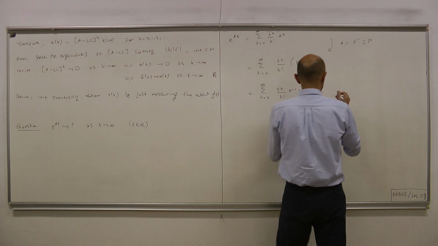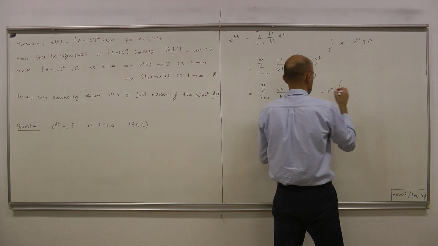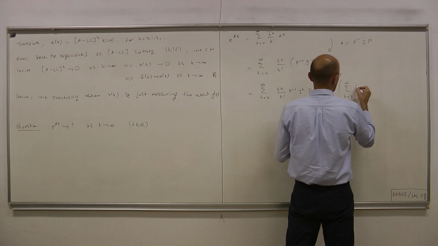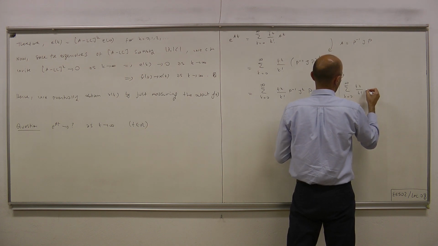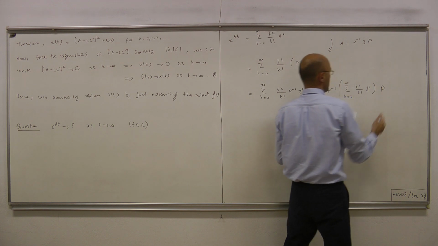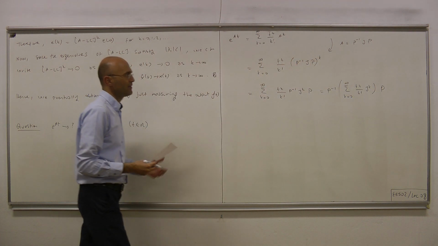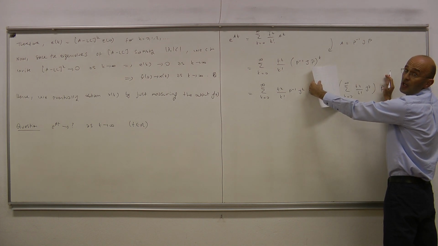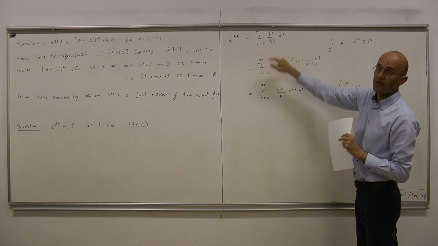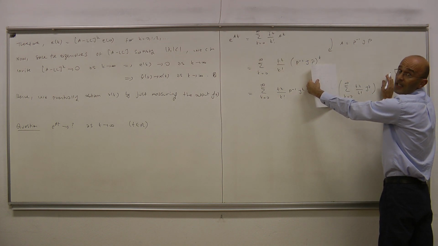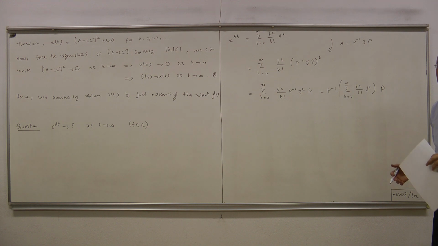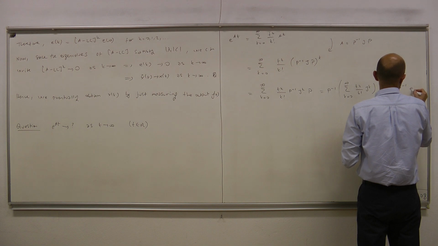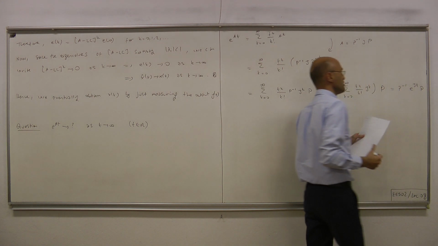We can write this equals P inverse times the sum over k equals 0 to infinity of t to the k over k factorial J to the k, times P. And then just forget these P's for an instant. What we have here is no other than e to the Jt, the matrix exponential corresponding to the Jordan form. This equals P inverse times e to the Jt times P.